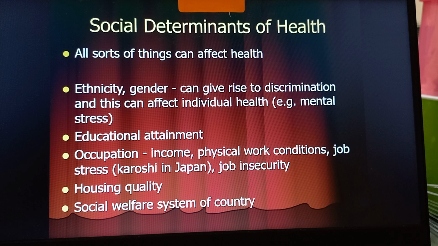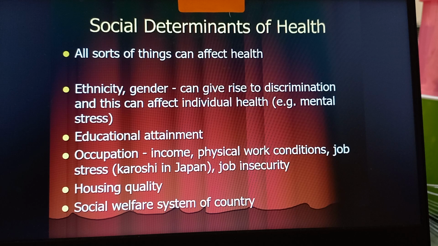Educational attainment can also be considered a social determinant of health. We know that people who are better educated tend to have better health, right? Occupation of a person, the income of a person, right? Occupation can also link to physical work conditions. Some jobs simply force the worker to work in relatively unsafe conditions.